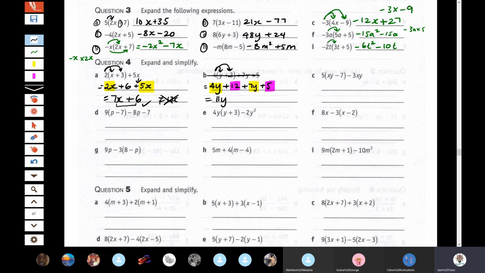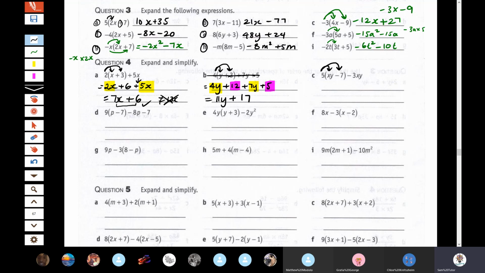I think that's why you said 1y, Matt. But you're only looking at this line right here. So 4 plus 7 is 11, and then 12 plus 5 is 17. So 4y and 7y is 11y, and 12 plus 5 is 17. Make sense, Matt? Yeah. All right, this one.